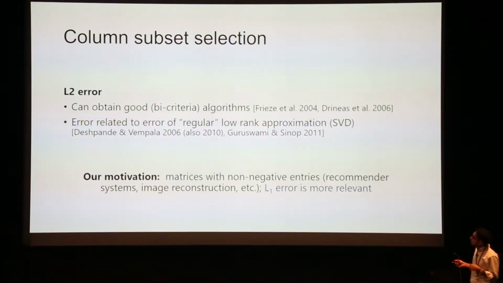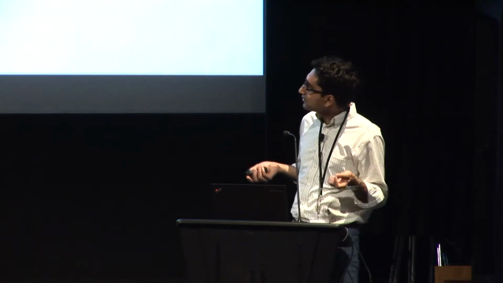Our motivation for looking at this problem was a little bit different. We were looking at applications in which matrices naturally had non-negative entries. This shows up in things like recommender systems, image reconstruction, and so on. And here it turns out that L2 error is quite unsatisfactory, especially if things are spread out.